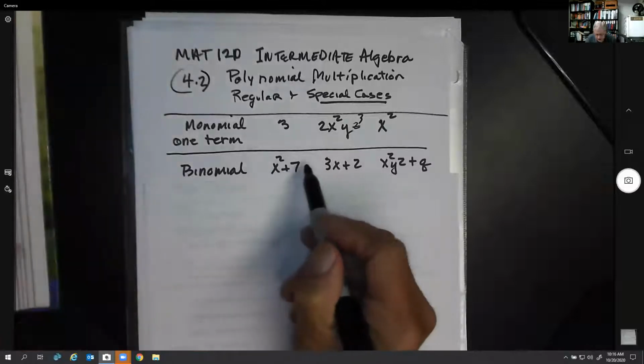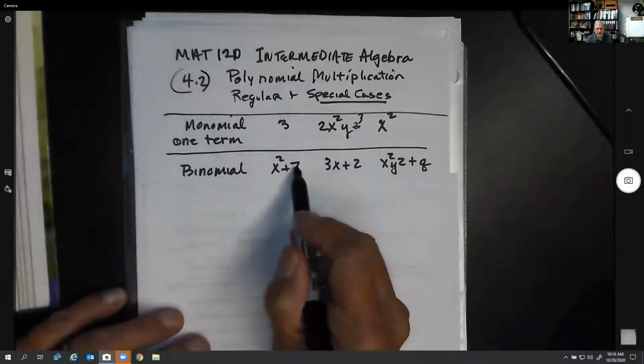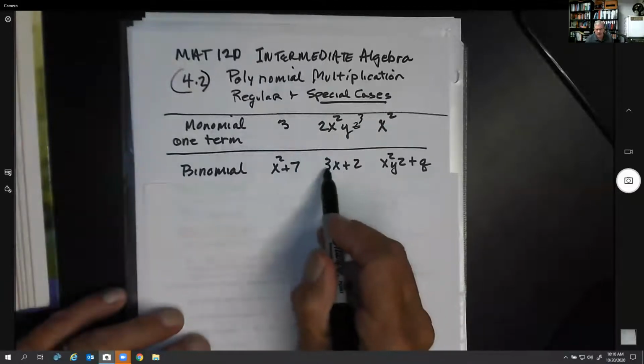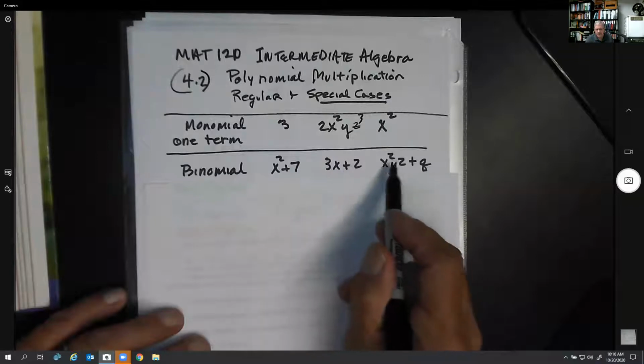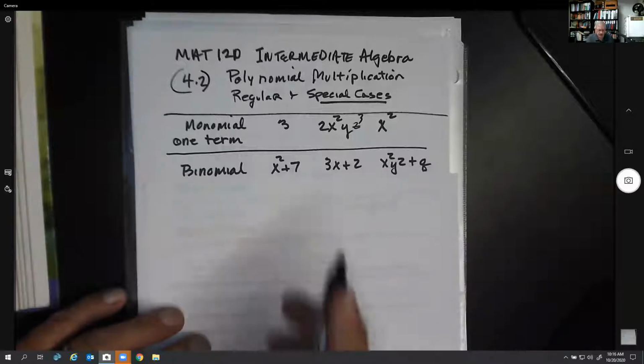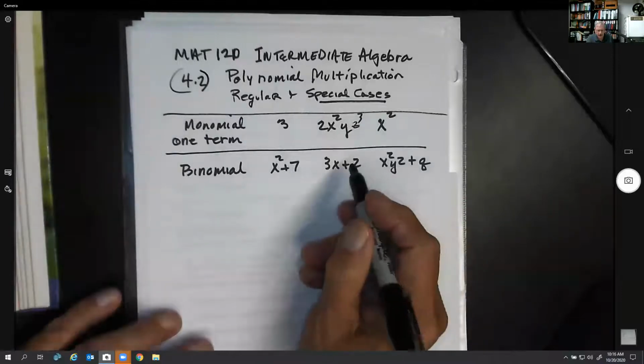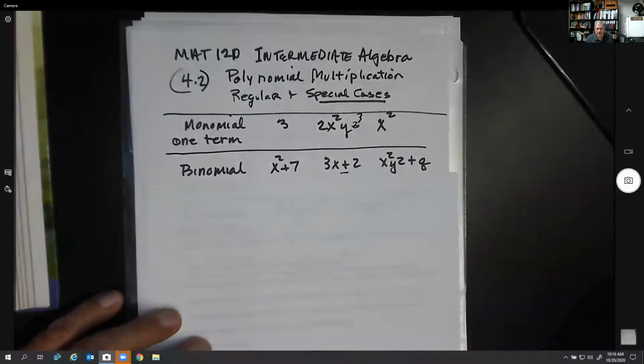We call these expressions because they don't have an equal sign. So it could be x plus 7, x squared plus 7, something like 3x plus 2, or x squared y z plus q. It could be all kinds of weird stuff, as long as there's two terms, one term, another term, separated by either addition or subtraction.